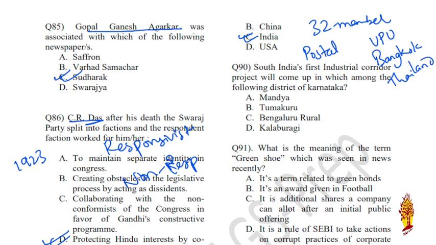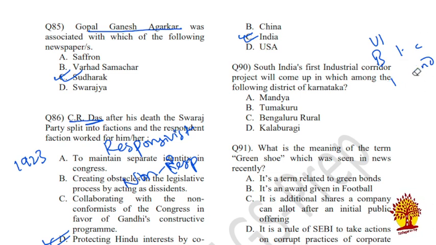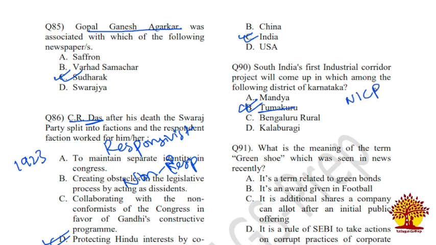Next one, 90th question. South India's first industrial corridor will come up in which among the following districts of Karnataka? South India's first industrial corridor will come up in Tumkur. Tumkur is the right answer. It will be implemented in Tumkuru district as a part of the National Industrial Corridor Program.